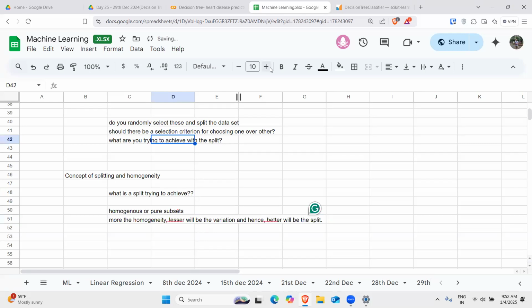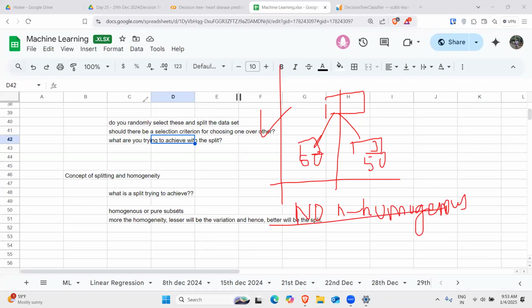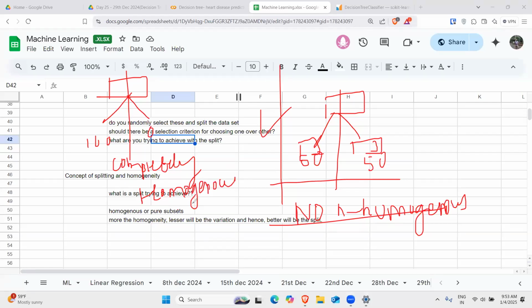So as I have discussed, suppose you are doing splitting, and if it is like this, 50-50, it is completely non-homogeneous, right? Non-homogeneous. And on the other hand, if you are doing splitting which is 100-0, this is completely homogeneous, right?